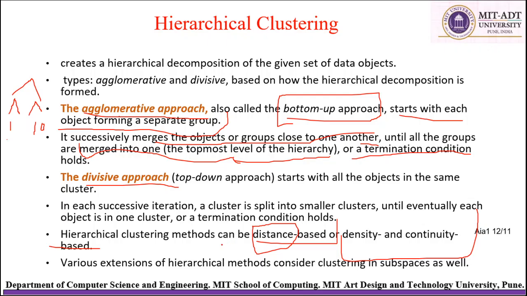If there is a minimum distance between two data objects, they are merged into the same cluster. If there is a larger distance between two data points, they will not fall under the same cluster, they will be in different clusters. Similarly, we can use the other approaches like density based or continuity based for forming the clusters.